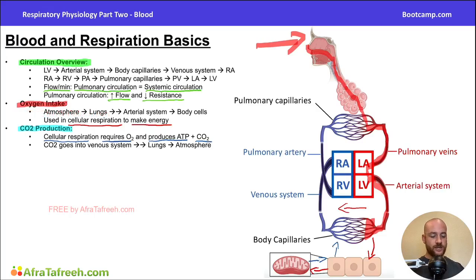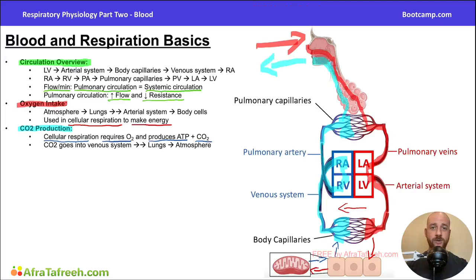Once CO2 is present in the body capillaries, it's going to drain into the venous system, back to the heart and the right atrium. It's going to go into the right ventricle, be pumped into the pulmonary circulation through the pulmonary artery until it reaches the pulmonary capillaries. From the pulmonary capillaries, it will exchange into the alveoli. It'll travel through the respiratory system and then get exhaled into the atmosphere.